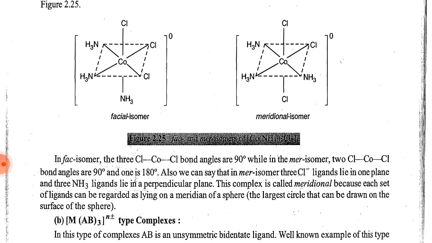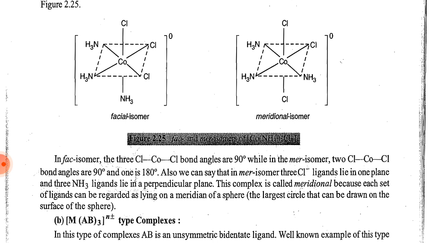This complex is called meridional because each set of ligands can be regarded as lying on a meridian of a sphere, a great circle that can be drawn on the surface of the sphere. So in the facial isomer, where the three same ligands occupy the corner of a triangular face, the Cl form 90 degrees. But in a meridional isomer, the Cl form 90 degrees as well as another Cl forming 180 degrees.